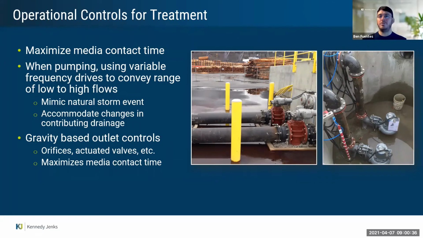One of them is if you do require pumps to get the water up to your treatment system, you could incorporate variable speed drives to better control the range of flows and meter out lower flows for a longer period of time, and ideally mimic the natural storm event so that you're not overly inundating your media bed, and also allows you to slow water down potentially so that you're having longer contact time. So those are the options when it comes to your pumping system if you need it.